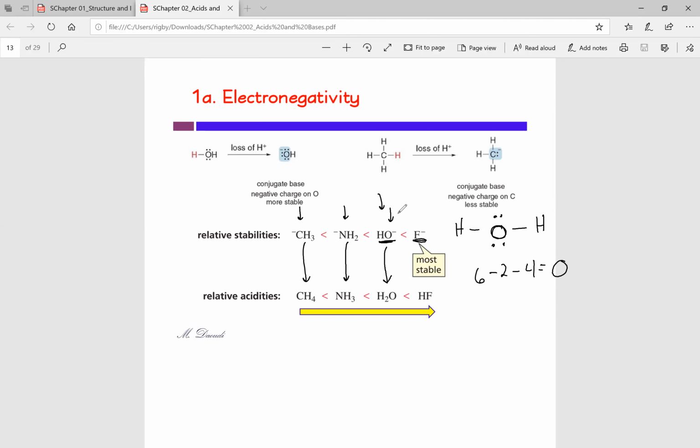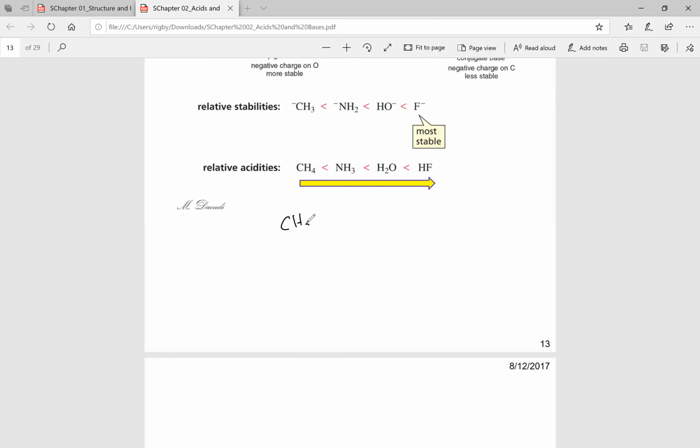And I just want to reiterate that this is the first effect that we look at. So for comparing 2 acids, we first look at the atom that both of them are attached to. So let's say, for example, we have CH3OH versus CH3NH2.